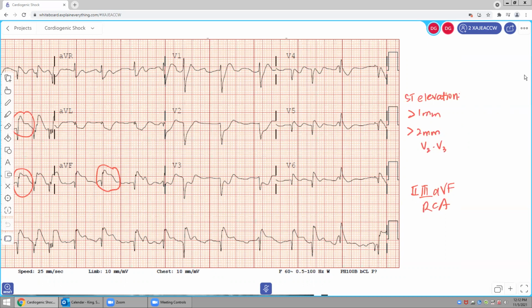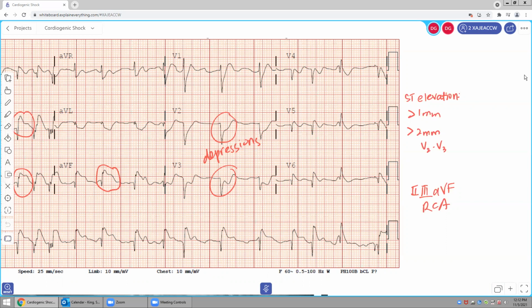Yeah, pretty deep depressions in V2 and V3. And what do you make of those? Great. So deep depressions anteriorly can also be a posterior STEMI.